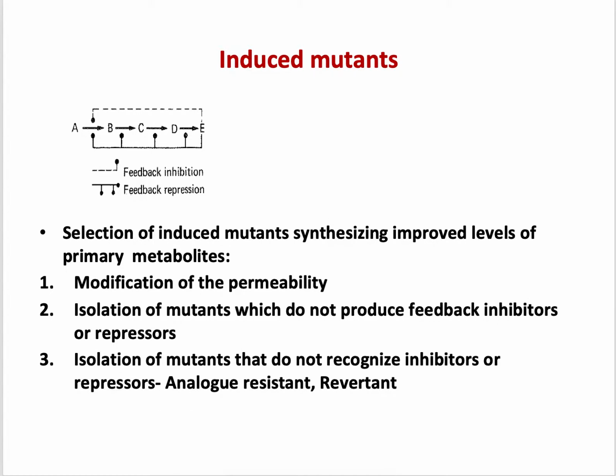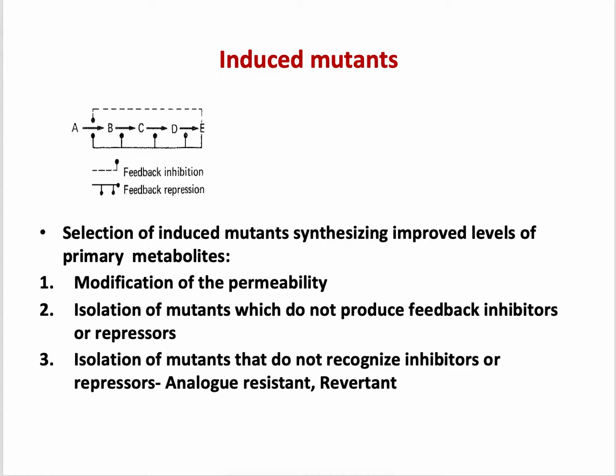Then induced mutants. We can induce mutation into a microorganism by using various mutagens, like physical mutagens, X-ray, UV, radiation, or chemical mutagens. By using these mutagens, we can induce mutation into our isolate, and then we have to assess different mutants and, through our assessment, find the best strain.